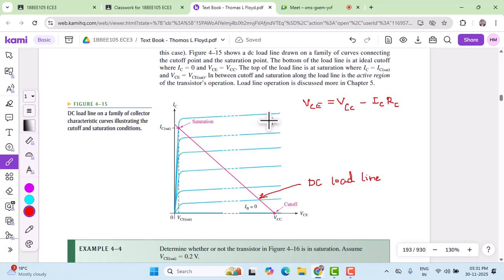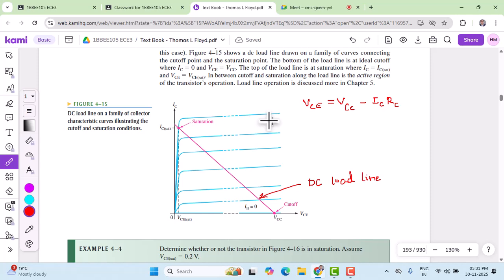X is nothing but VCE. So from equation 2, if VCE is made 0, I get a point on the vertical axis. If VCE equals 0 in this equation, IC becomes equal to VCC by RC.